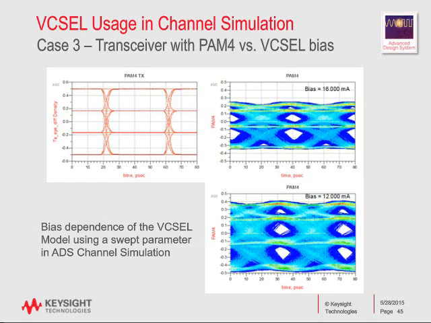So one of the characteristics of that previous schematic was I was allowing myself to sweep the bias current into the VCSEL. So again, I showed you swept temperature, and I'm sweeping the bias to see if I move the bias point, can I get the eyes to be any more open? And the answer was I could to a point, and that's what you see at the bottom. When I changed the bias current to 12 milliamps, you'll see that the situation was improved, but it's still not wonderful.